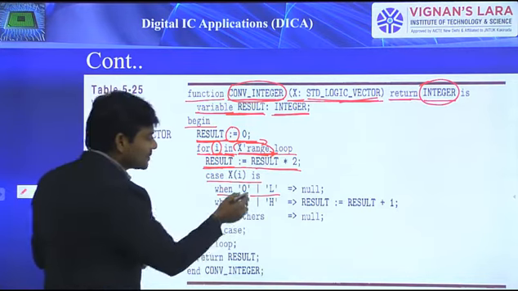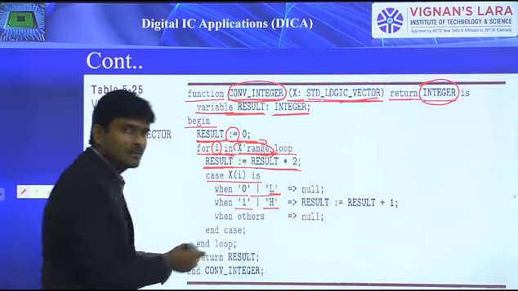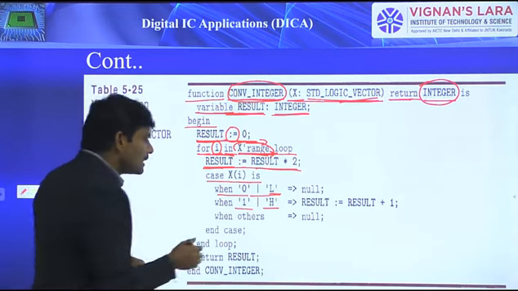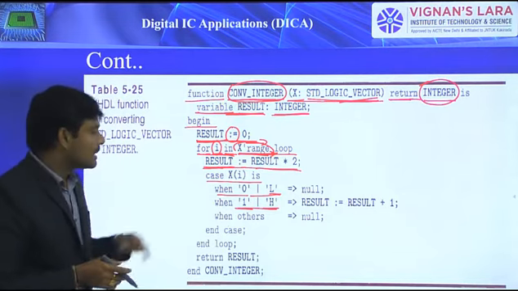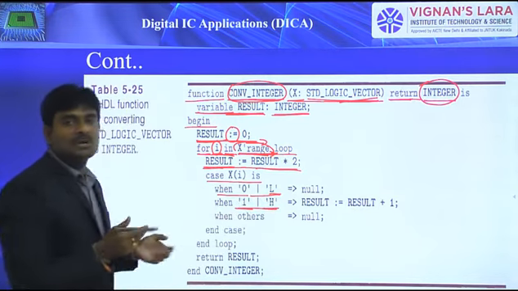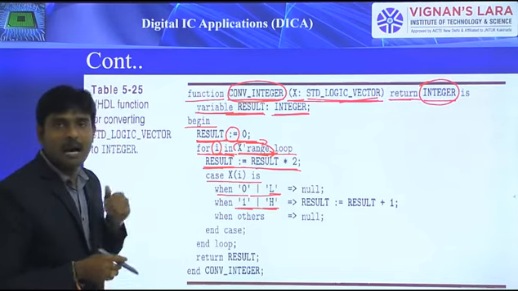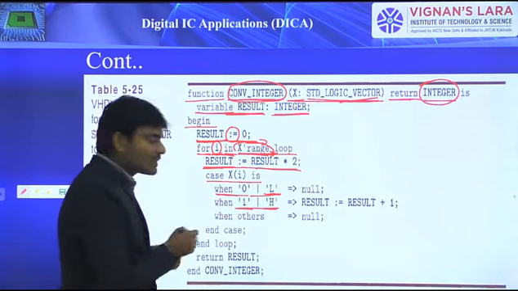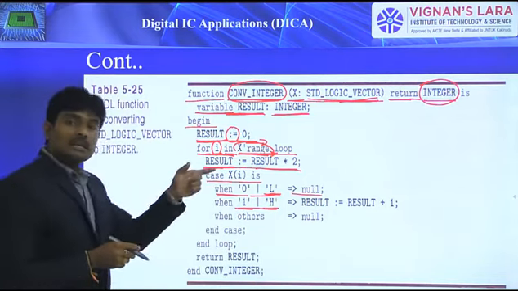If you got exact 0 and exact 1, no problem. Even if you get weak 0 and weak 1, for those cases also we need to get the output, so in that regard we consider this by using the case statement. Case expression is when choices. Multiple choices can be described by separating them with the OR symbol, the vertical bar. So when '0' or 'L', then =>, you write sequential statements.